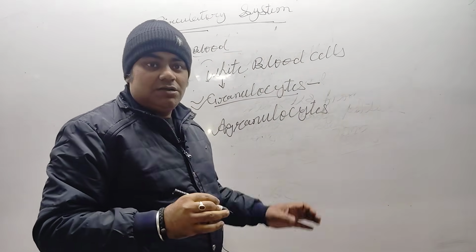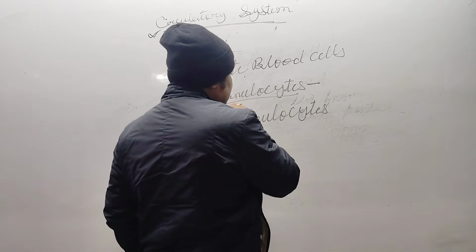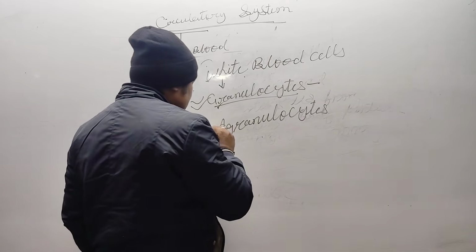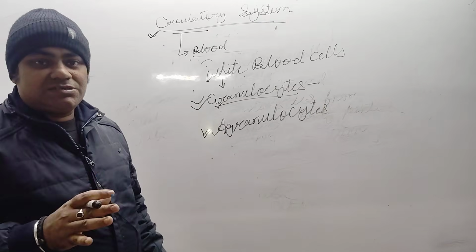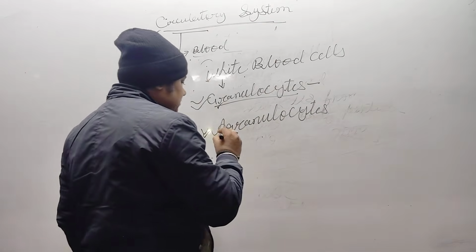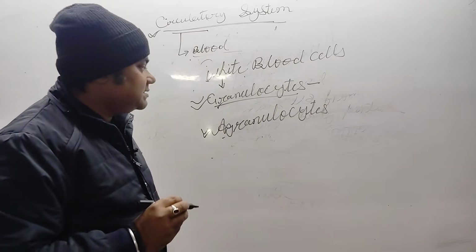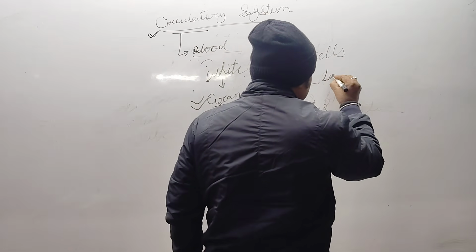Granulocytes are cells in which granules are present inside the cell. Agranulocytes are those where the granules are absent in the cytoplasm of the WBC cell.